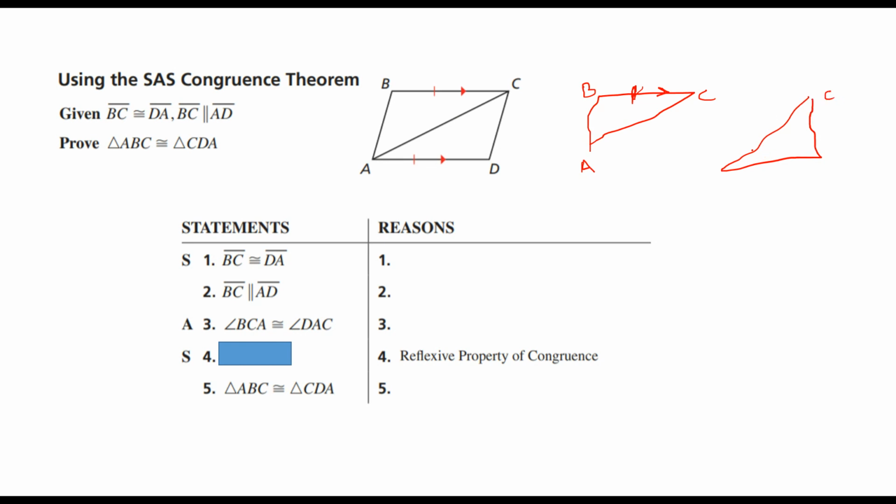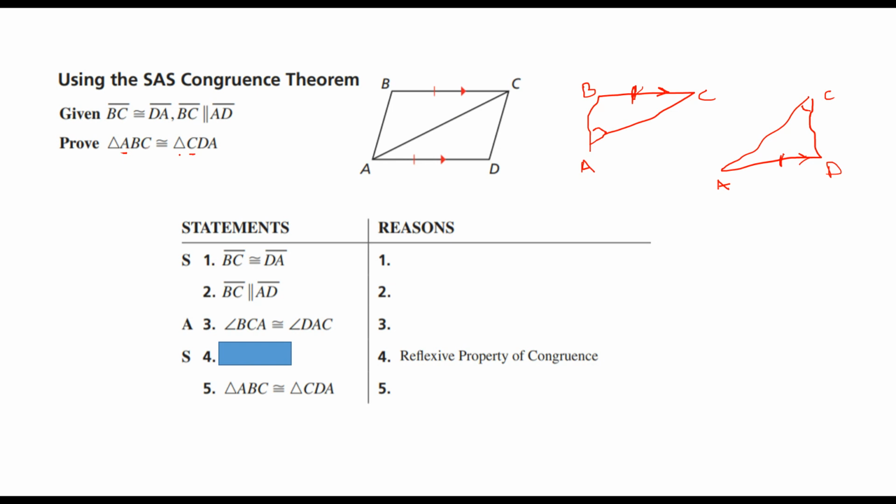And notice that the order of the letters matters here. Because what we're saying is that this triangle matches and is congruent. Here's my parallel line. Because this corner, say, of the first triangle, C, has to match with A. And that's because, remember, in our last lesson, the order matters.